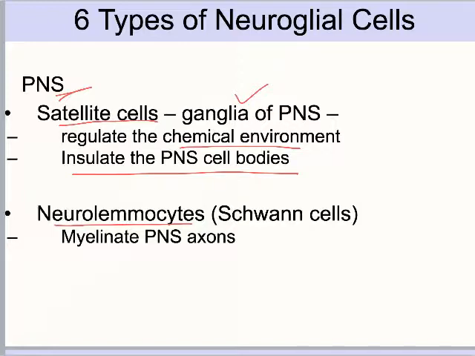And then there are neurolemmocytes, which used to be called Schwann cells, but they try to get away from using people's names, and they myelinate, or provide the myelin for, the peripheral nervous system. So that's what's going to make the peripheral nervous system look white.